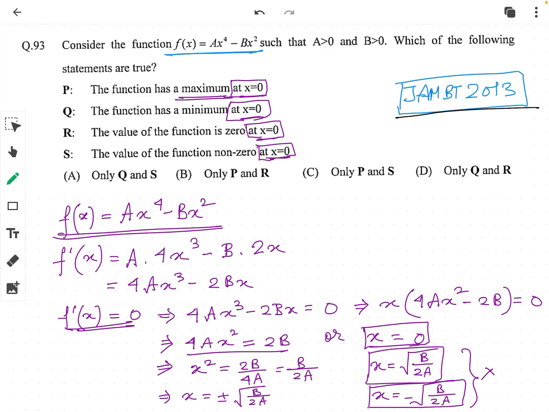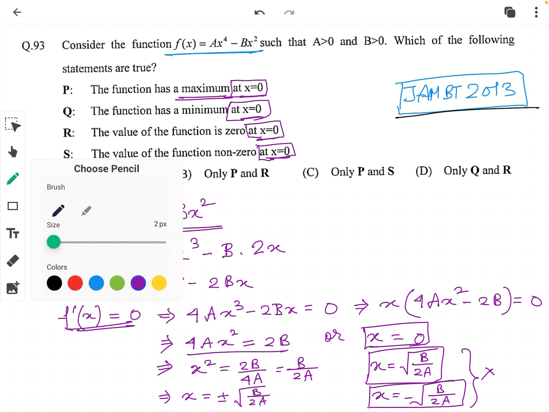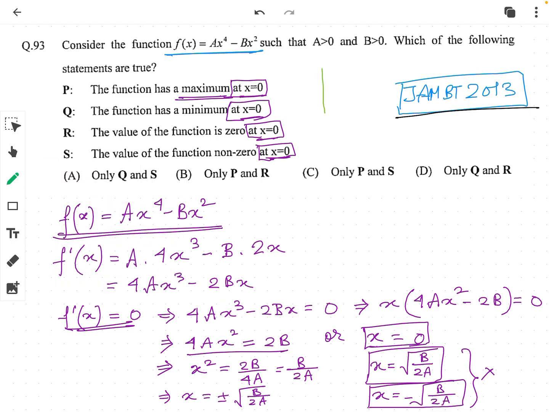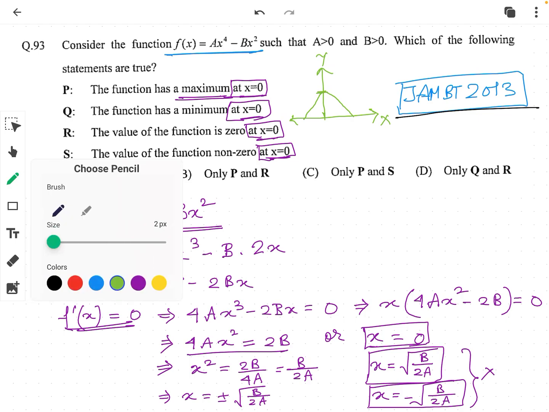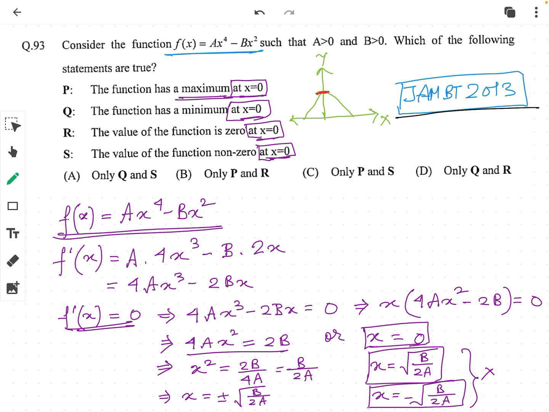Okay, that means like this. If I just draw a graph roughly, if this is the x axis and this is the y axis, then the curve is like this. Here we get a positive peak at x equals 0, because this point is 0, right?